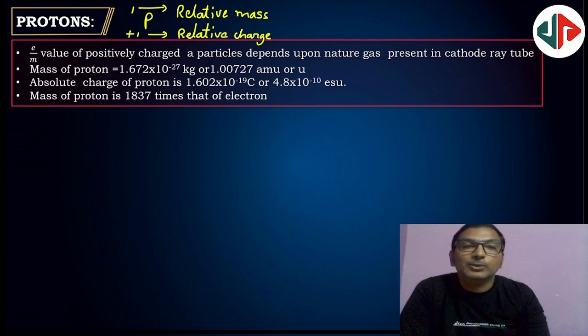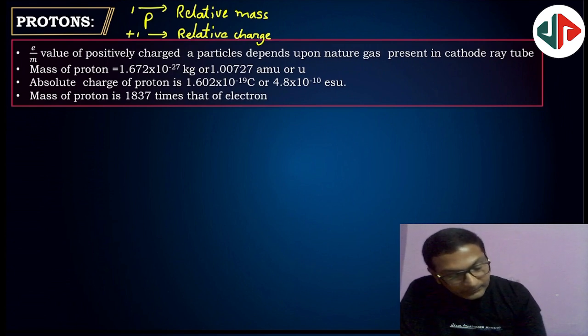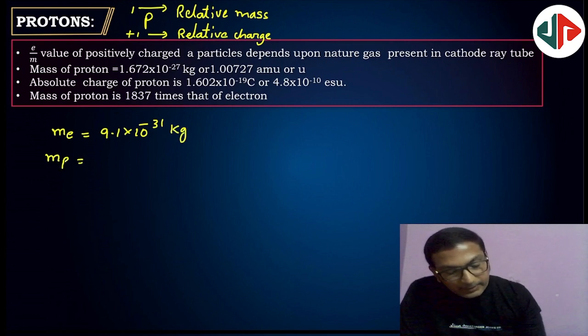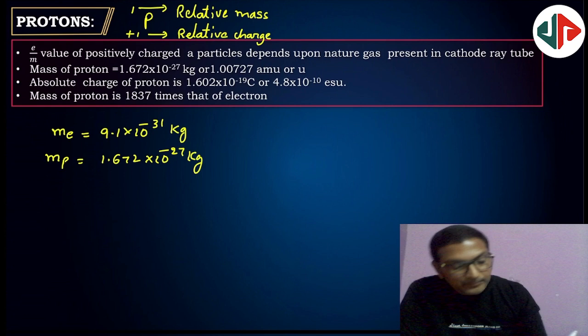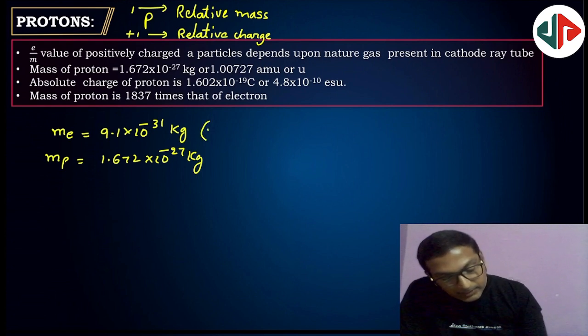Next, mass of proton. Here I will write mass of electron, 9.1 into 10 power minus 31 kg. Mass of proton will be 1.672 into 10 power minus 27 kg. Or mass of electron in AMU is 0.00054 AMU.